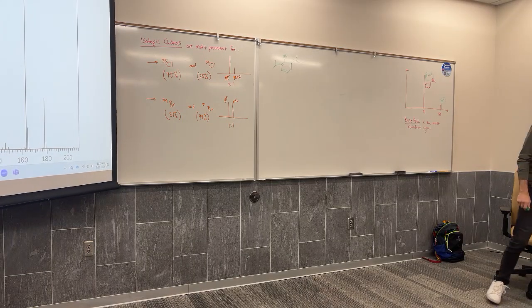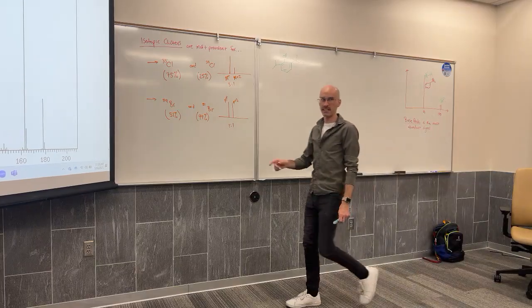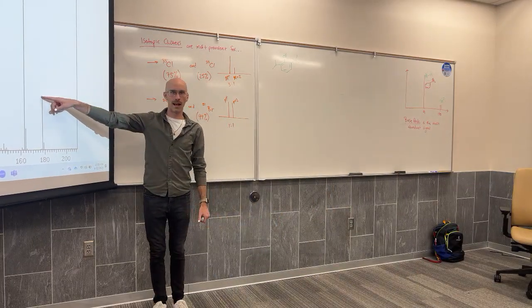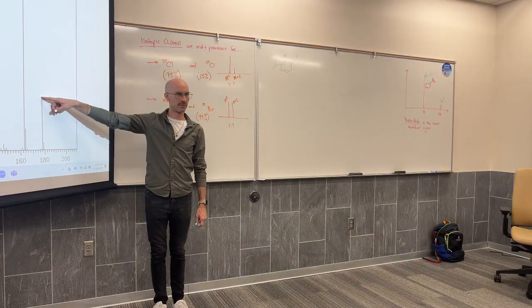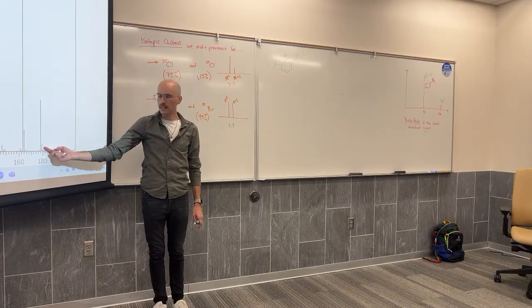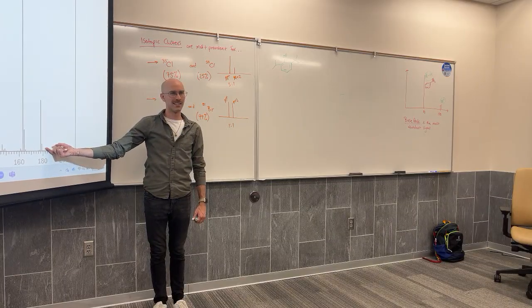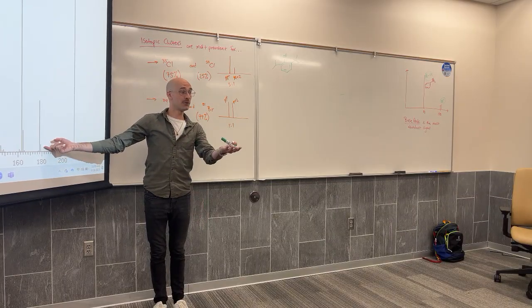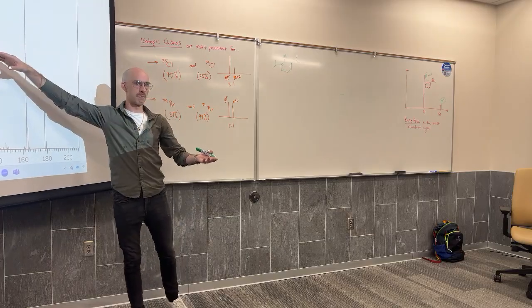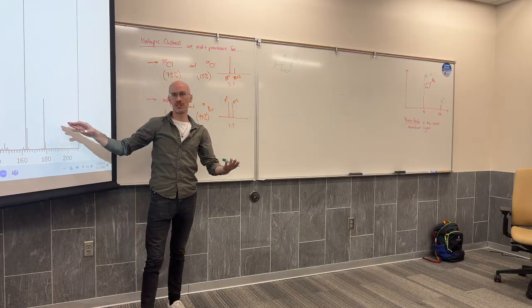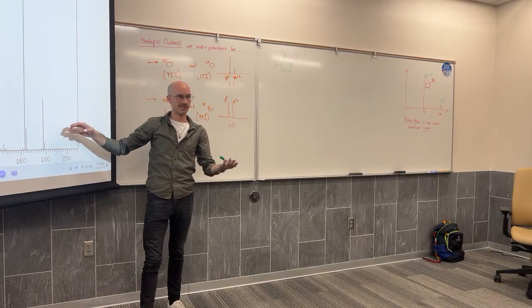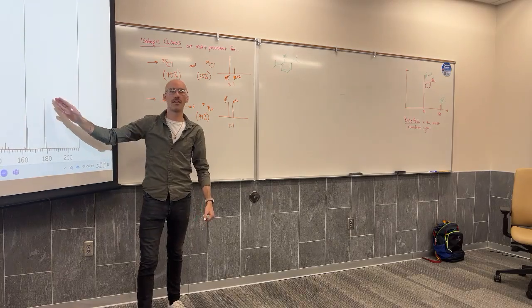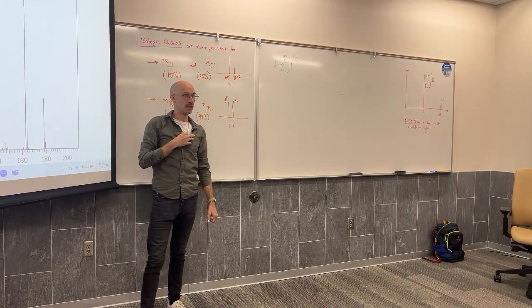Now, I think you guys would agree that the signal at 178 is not the highest mass signal on the spectrum. This tiny little one down here is. When I give you a spectrum, it will have numbers labeled so that you don't have to guess what the signals are that are meaningful.